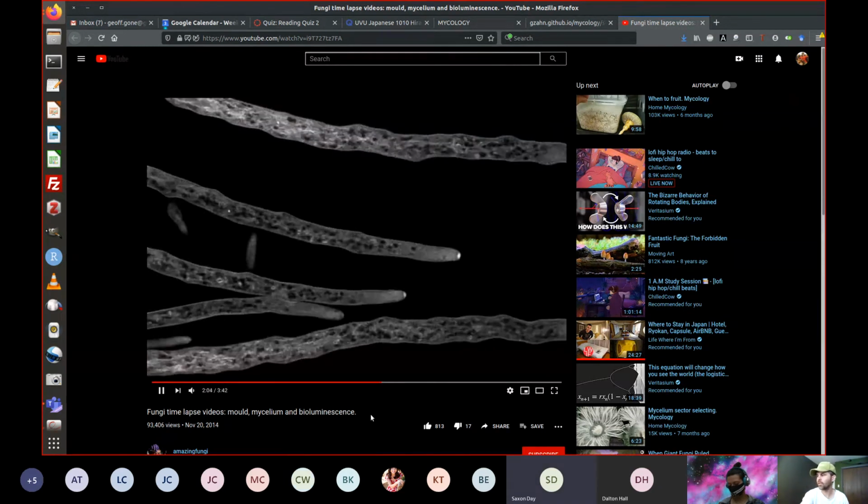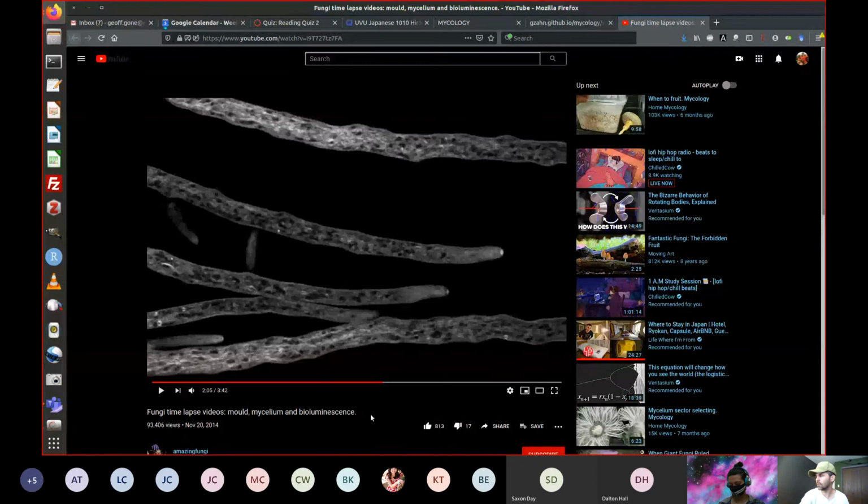All right, there's your Spitzenkörper. Can you see it? The very bright dot at the end. That very bright dot right at the end, absolutely.